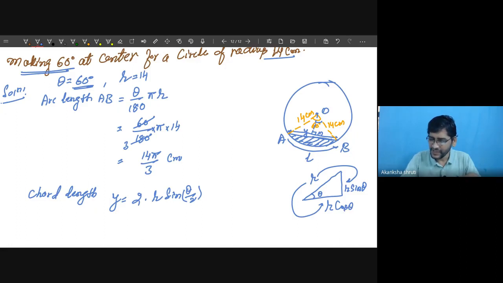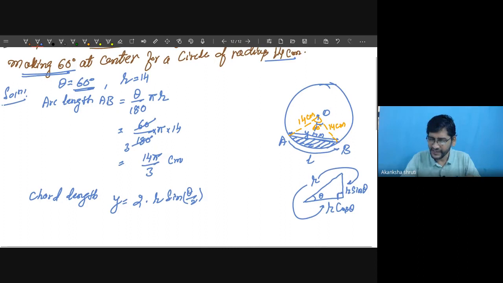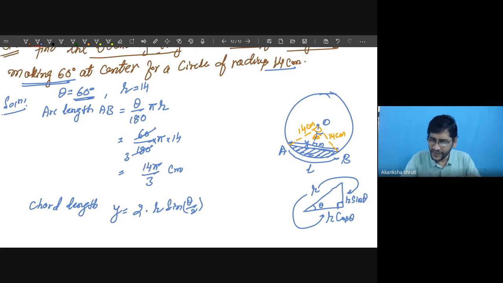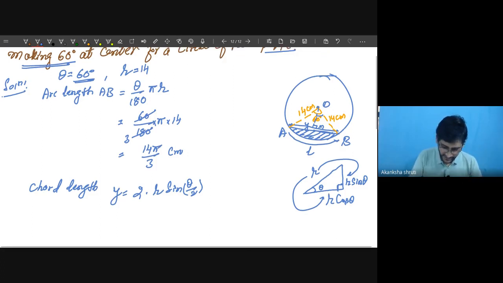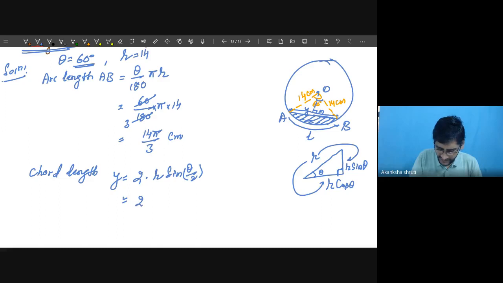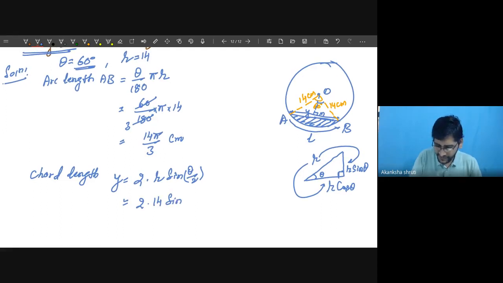So by applying this approach, we can quickly write the perpendicular MB that is required. Obviously that will be R sine of theta, where theta is replaced here by theta by 2 for this sector. I have substituted R sine of theta, but this entire thing has to be doubled. The same formula I had written earlier also. Substitute twice, R is 14, sine of 60 by 2.